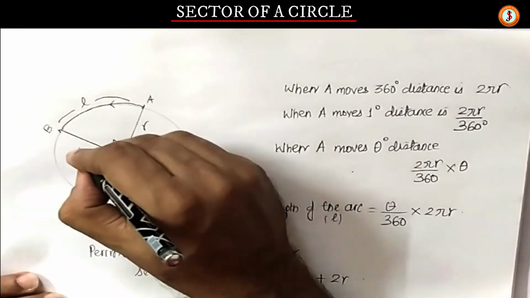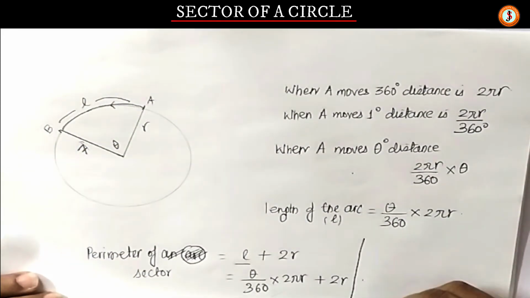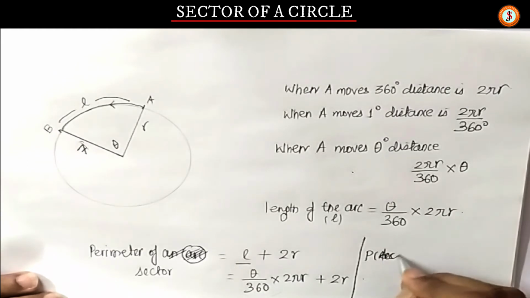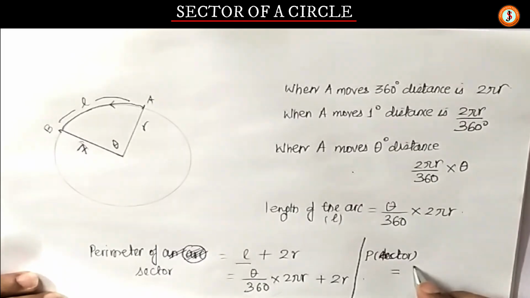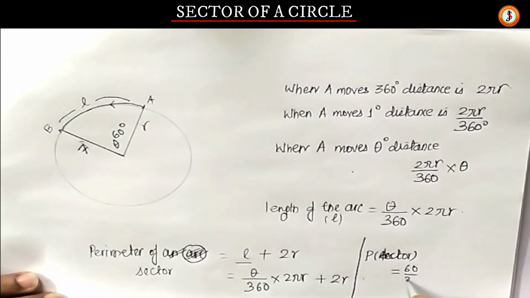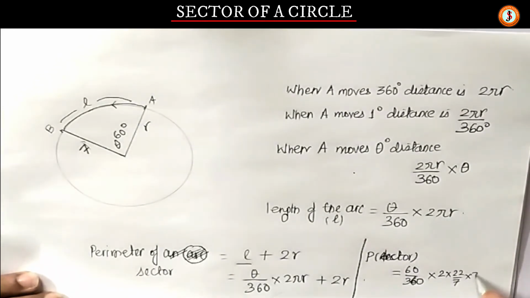So suppose they give me the radius 7 and tell me to find out the length as well as the perimeter. So perimeter of sector will be equal to theta by 360 into 2 pi r plus 2r. Suppose I am giving theta as 60 degree. So 60 by 360 into 2 into 22 by 7 into 7 plus 2 into 7.